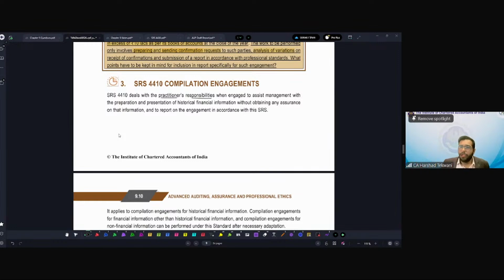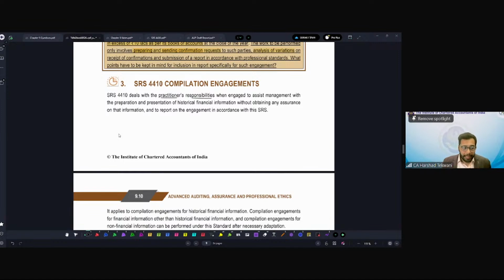In the earlier standard you can use the term auditor also, because some procedures are being performed, like in the last example, procedures related to accounts receivable confirmation, which is kind of an audit procedure, but at the end no assurance is being issued. That's why the general term auditor can be used. But when you issue the report, make sure you use the term practitioner, or a term which reflects that there is no assurance involved.